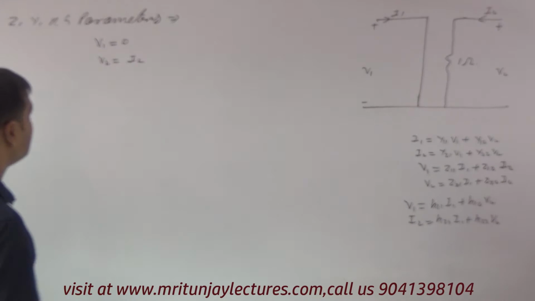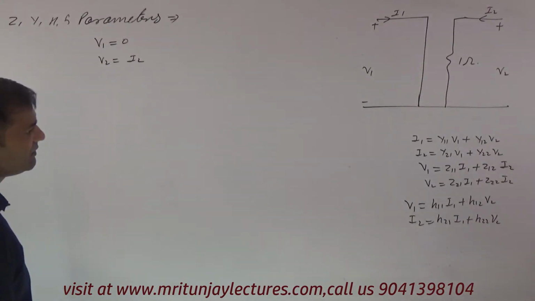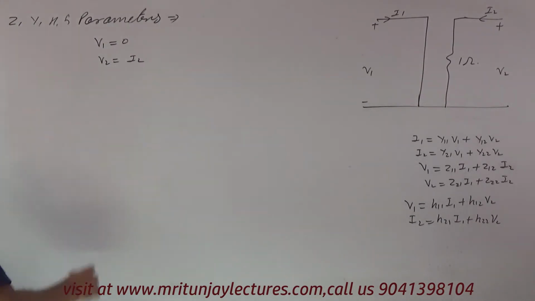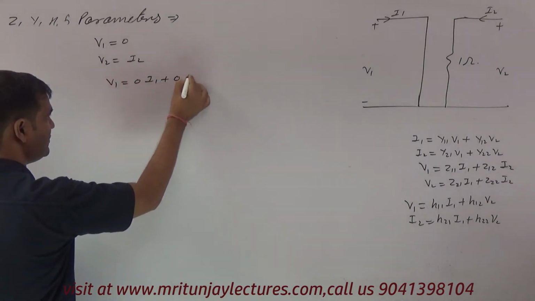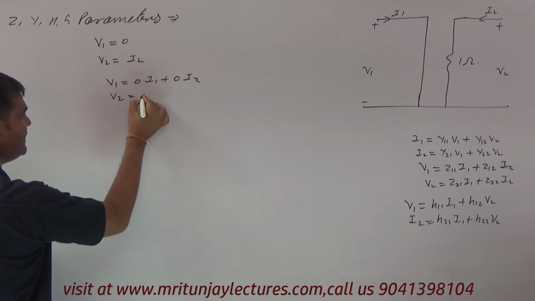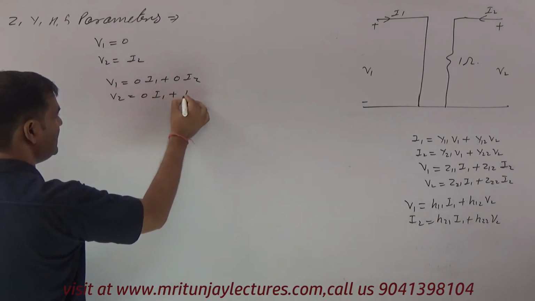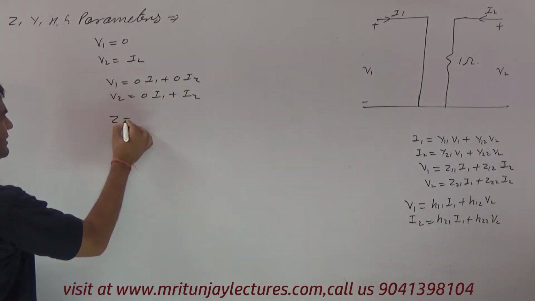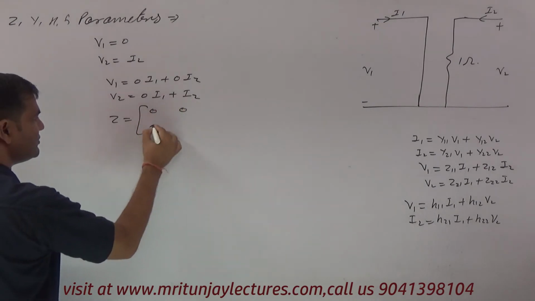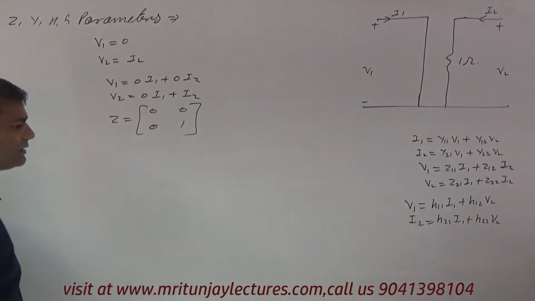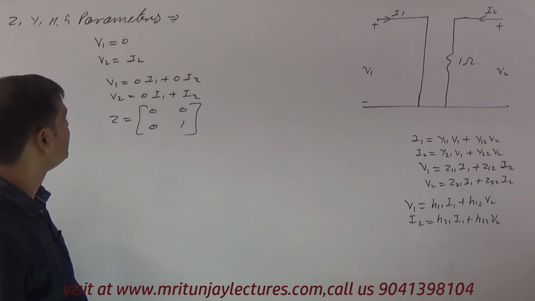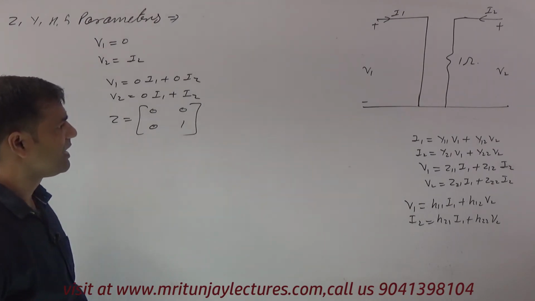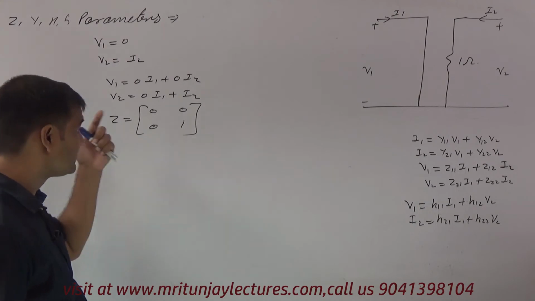Now our motto is to determine all parameters corresponding to this. V1 is written as 0 into I1 plus 0 into I2, and V2 is written as 0 into I1 plus 1 into I2. So Z is written as 0, 0, 0, 1. That is the Z parameter. Another way, our motto is to determine the Y parameter.